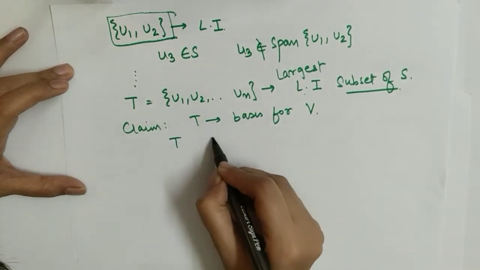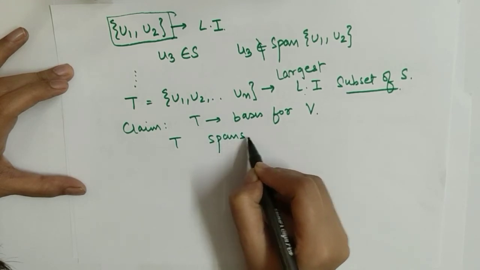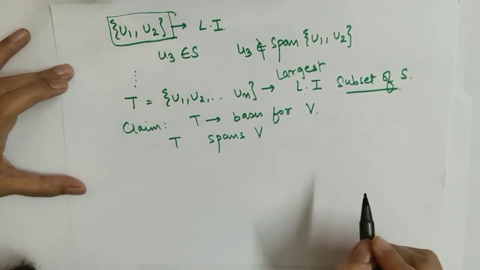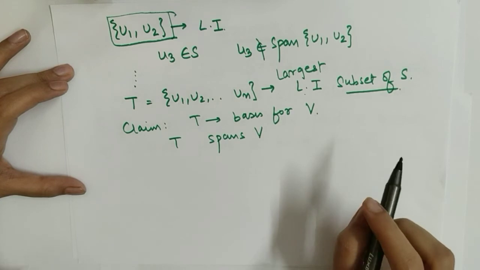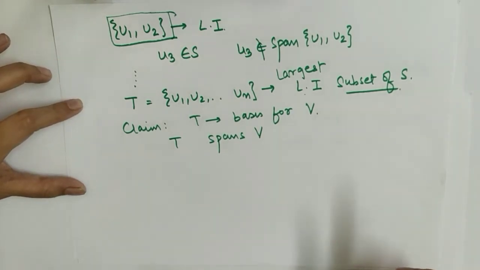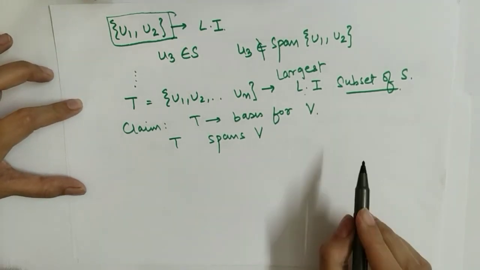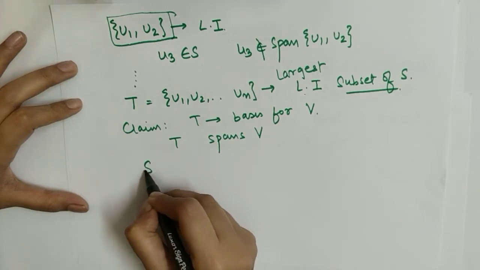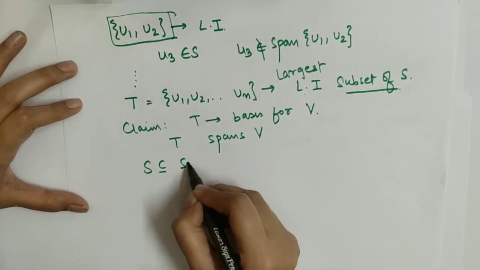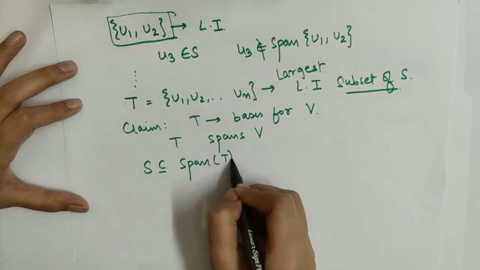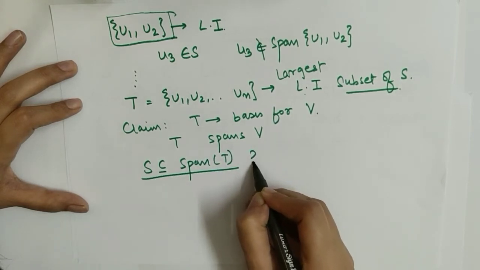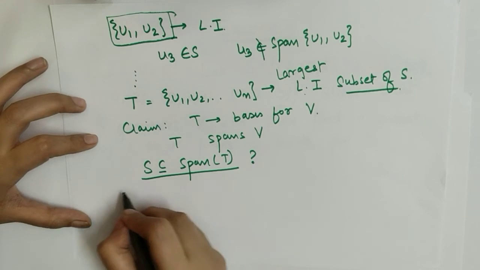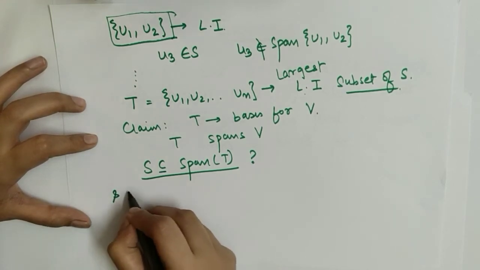So if T spans V, then T becomes a basis for V. Since V is generated by set S, so if we show that S is contained in span of T, then we are done. So let us see. We'll take a general element in S.